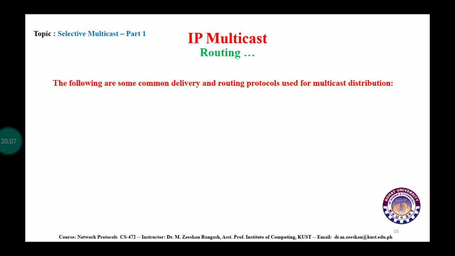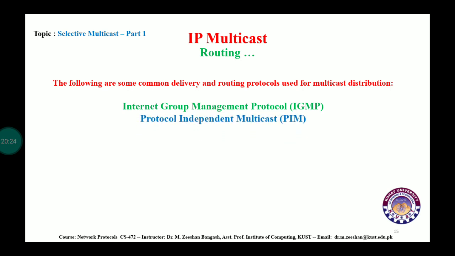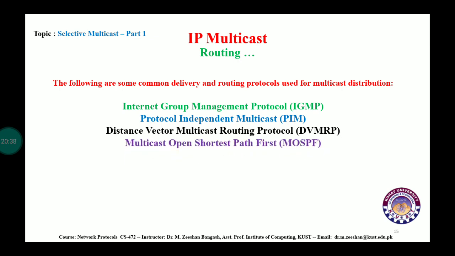Now, some common delivery and routing protocols used for multicast distribution in the literature are the IGMP protocol, which we already talked about, and the protocol independent multicast, which we also talked about. Then there is the distance vector multicast routing protocol, which we know from previous knowledge, and the multicast open shortest path first.